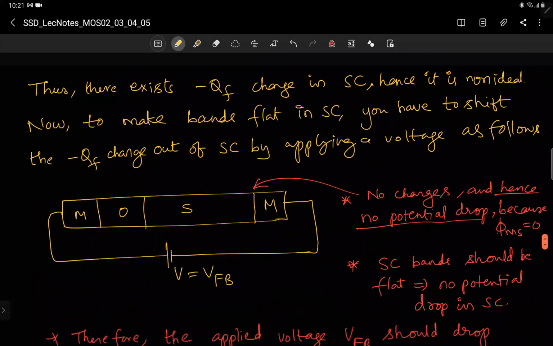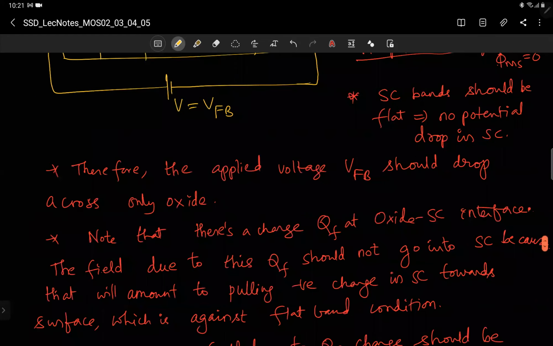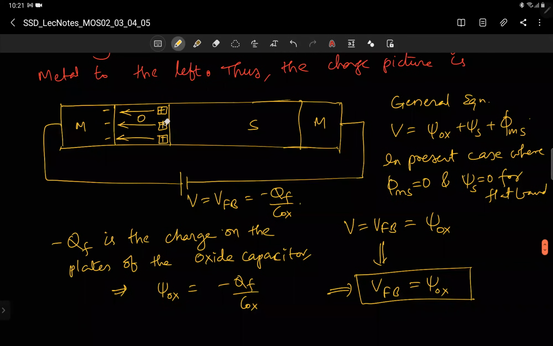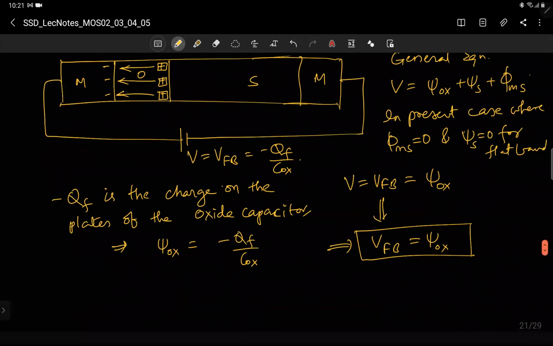Now it is simple. So this is what I have drawn here. Entire field should be terminating on the metal. And if you have a plus QF charge here and minus QF charge here across the two plates of the oxide, we know that the drop across the oxide will be minus QF by Cox, because that is the charge on the oxide plates. It is just like oxide capacitance: Q by capacitance gives you voltage.